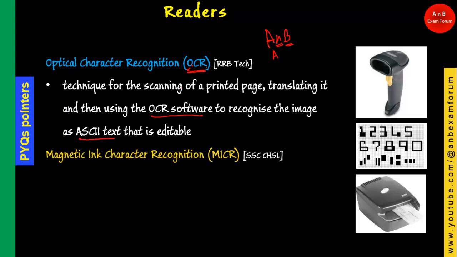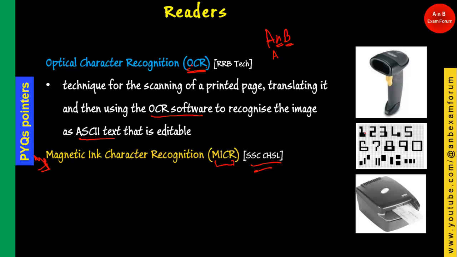The next one, a very important one, is something we have seen in the CHSL. The first one is the full form. The full form is magnetic ink character reader or recognition. So just remember, magnetic ink character recognition is the full form of MICR.